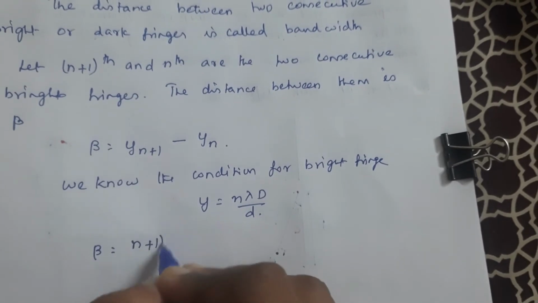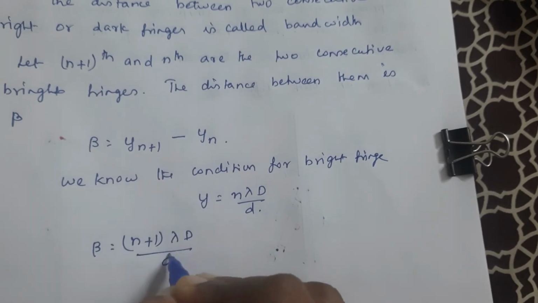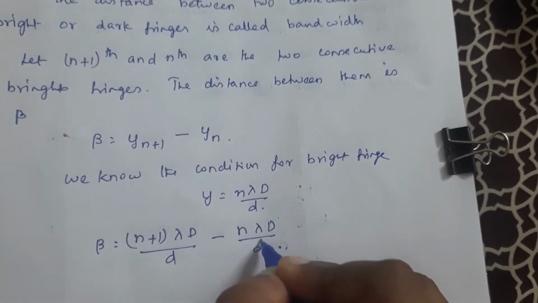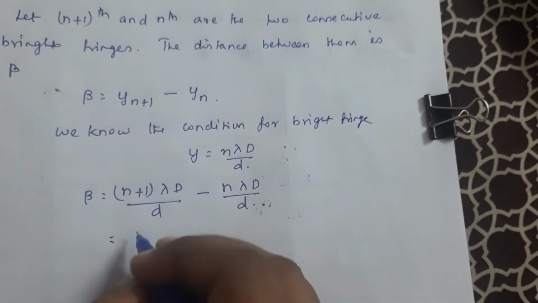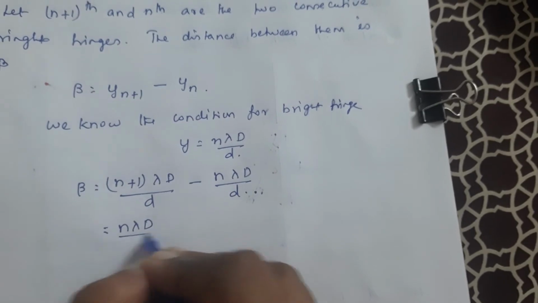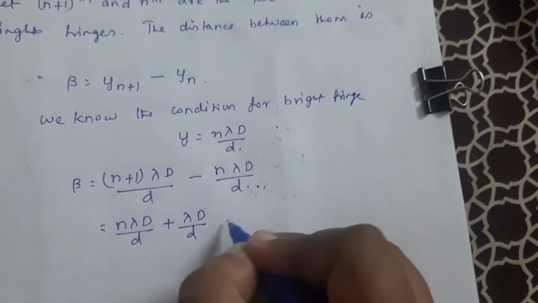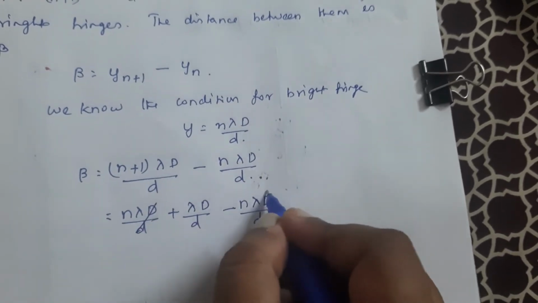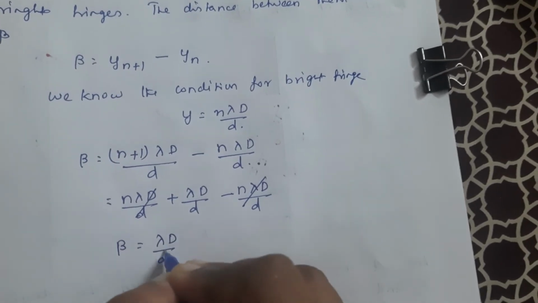So beta is equal to n plus 1 lambda D by d minus n lambda D by d. Now this can be written as n lambda D by d plus lambda D by d minus n lambda D by d. So this and this cancel, and we get beta is equal to lambda D by d.